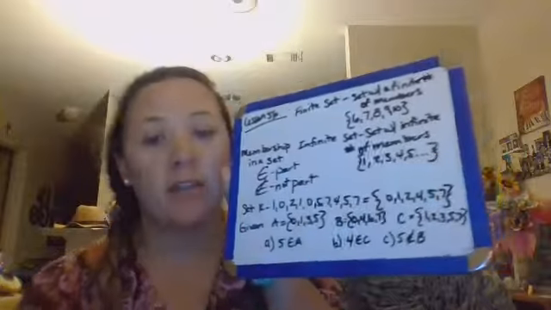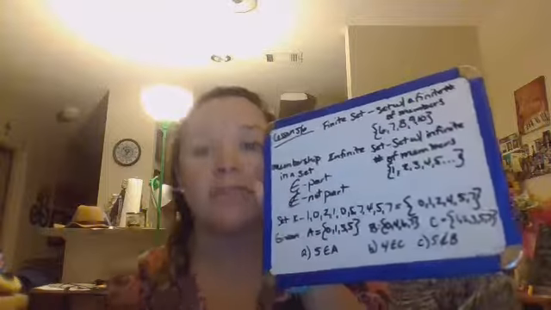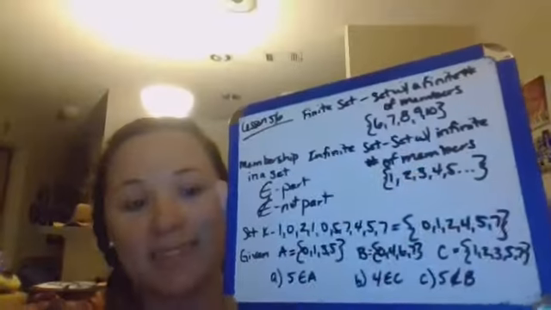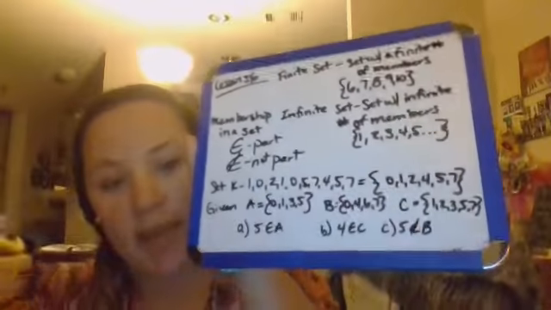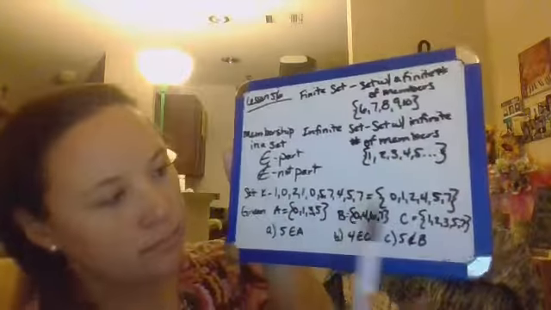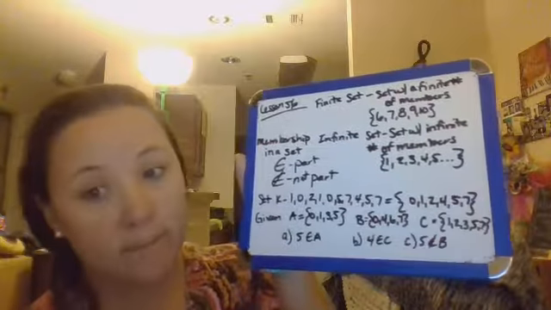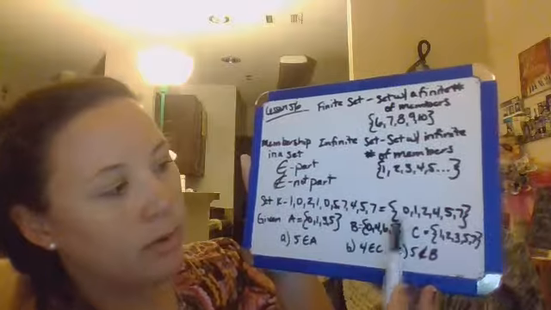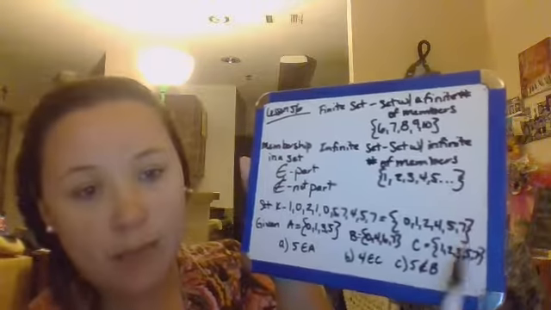So set K has 0, 1, 2, 4, 5, and 7. That's how you create a set if it gives you a list of numbers, and you always put your brackets on both sides.